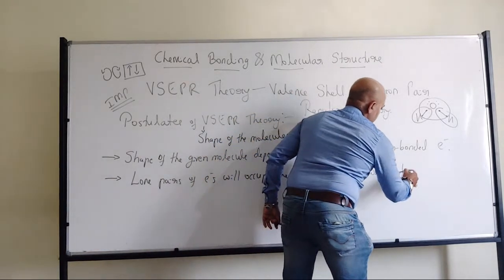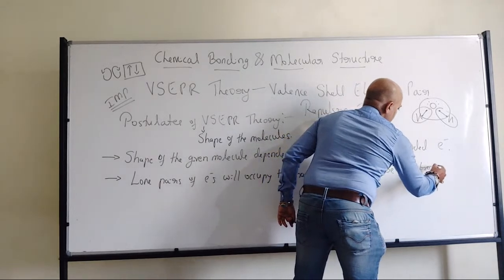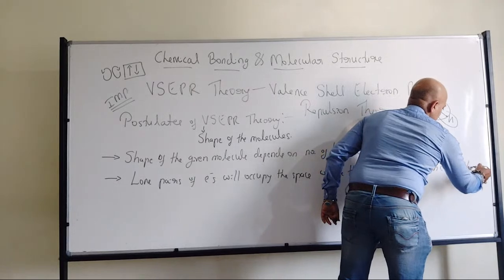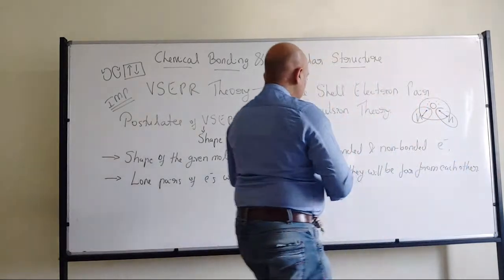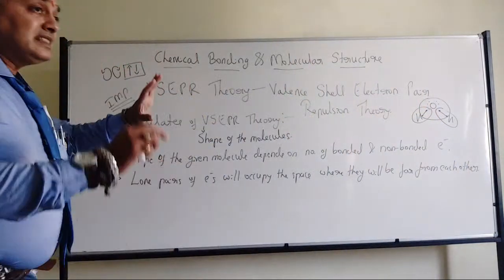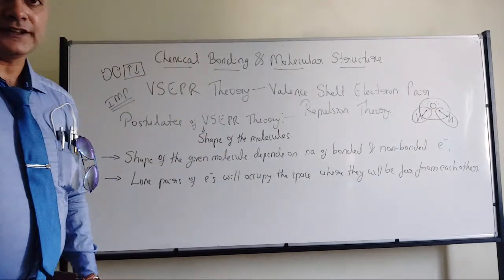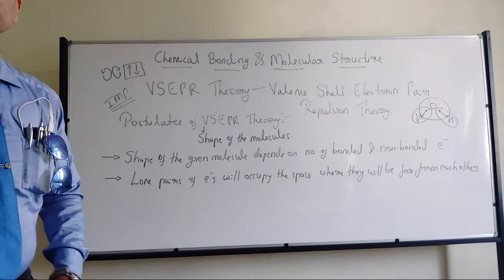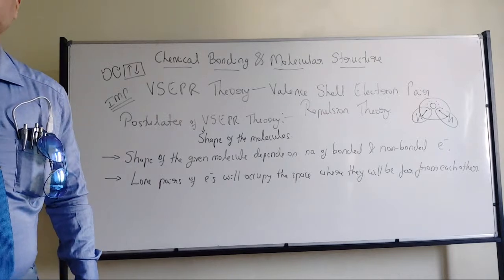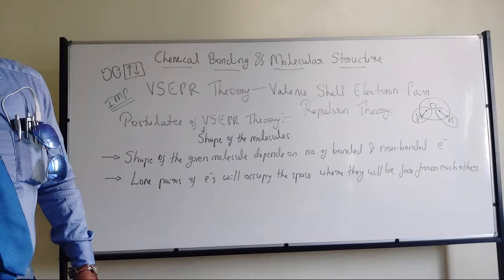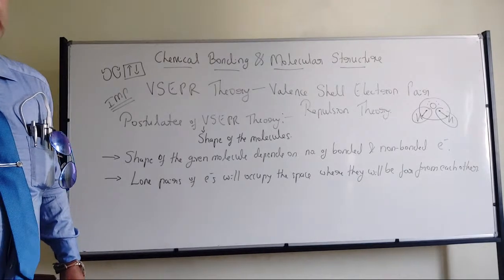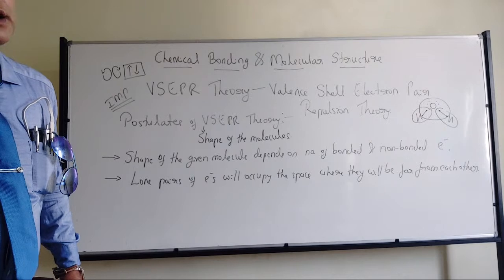They want to occupy the region in space where they will be far from each other. Why? Because there is a repulsion. Because they are free electrons. They are not involved in the bond formation. Therefore, there will be a repulsion. So they want to stay far from each other.